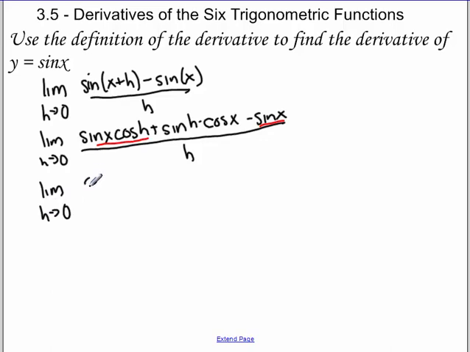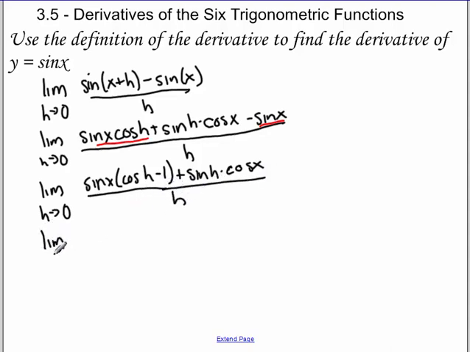So I have sine of x times cosine h minus 1, plus sine of h times cosine x, the whole thing over h.